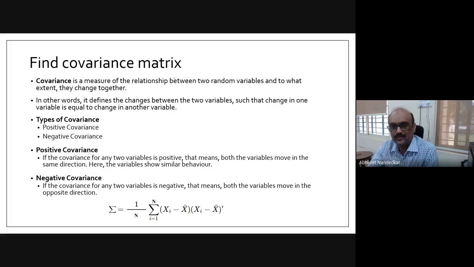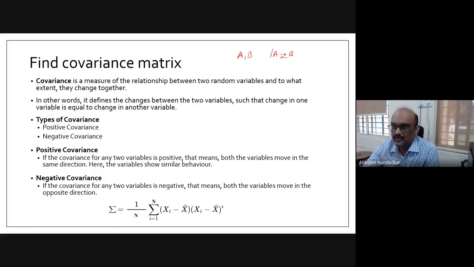So, covariance is a measure of the relation between two random variables and to what extent they change together. Say there are two variables A and B, they behave randomly. So, what is the dependency of A on B or B on A?